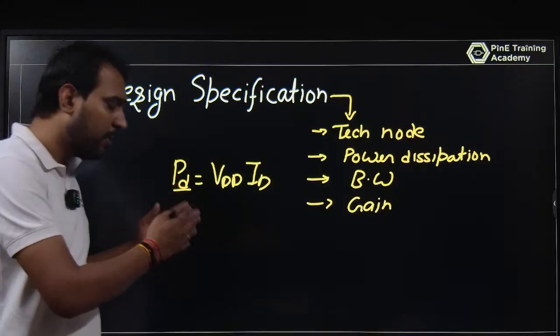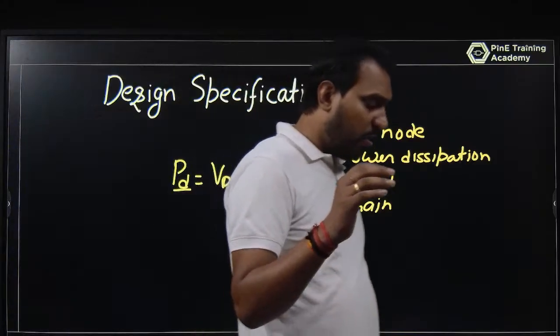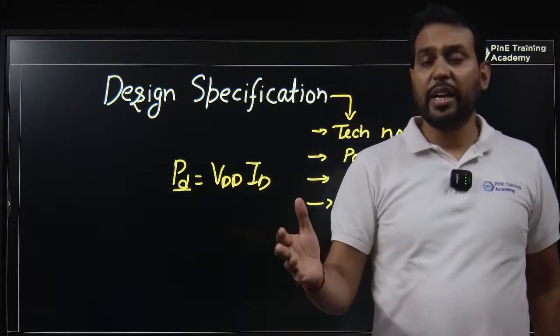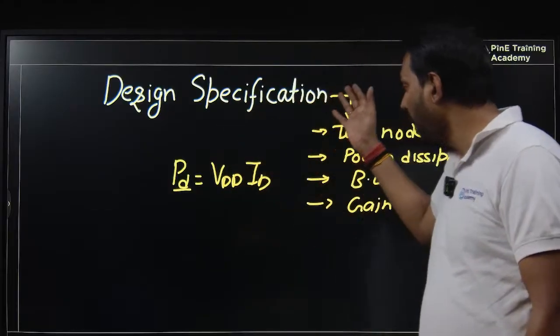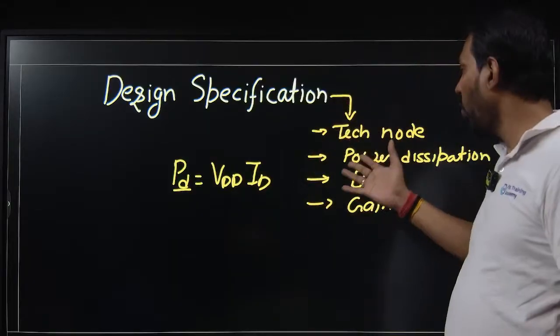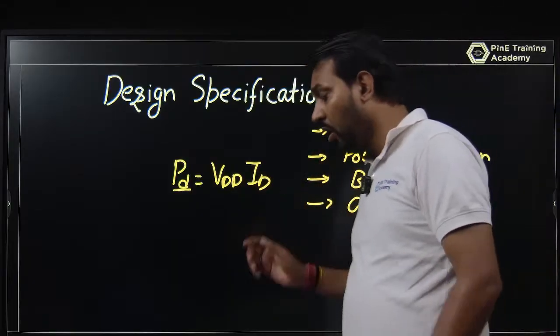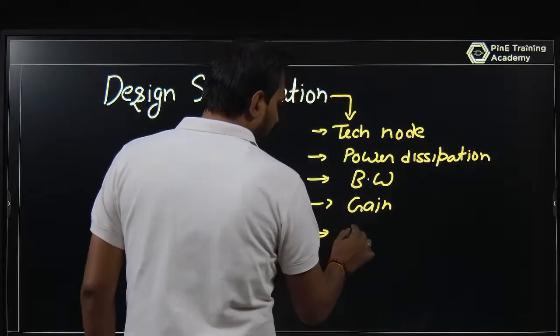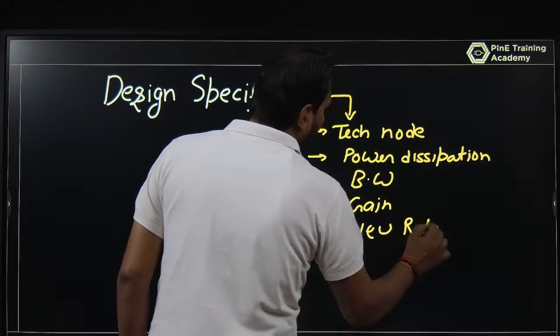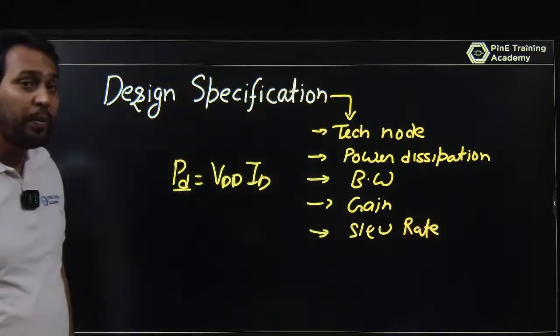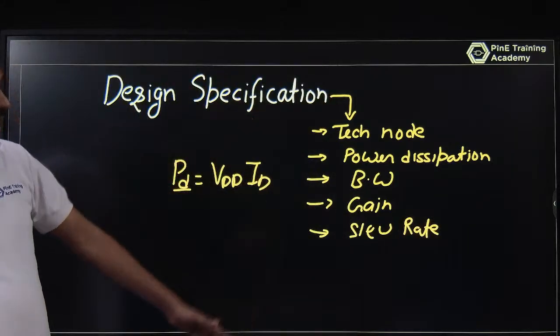So in a design specification, whenever you are entering VLSI as an analog circuit designer, you always have a specification in terms of some values: you have a tech node, you have a power dissipation, and you have a slew rate also, like 5 volt per microsecond or 10 volt per microsecond. So they will represent some values.